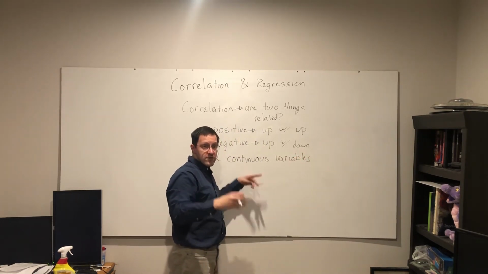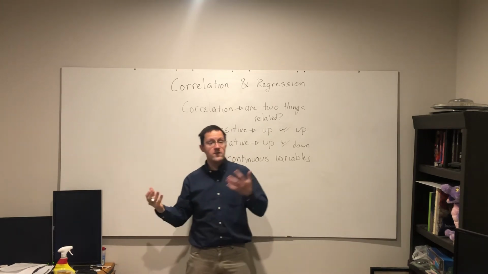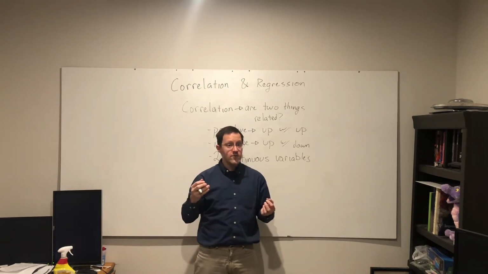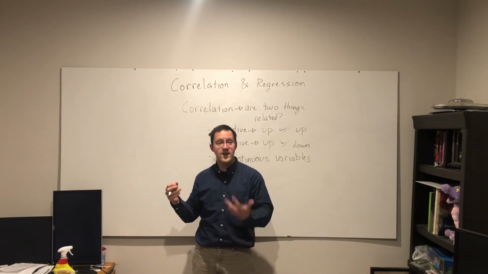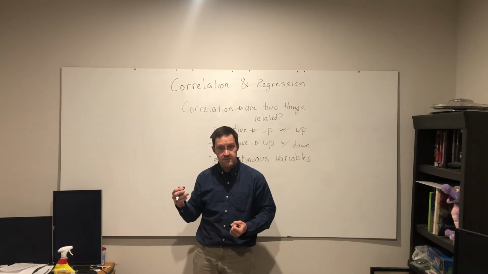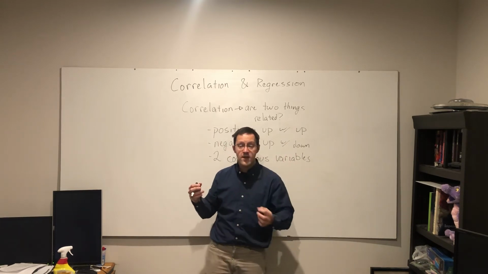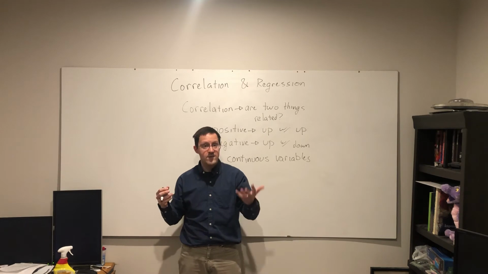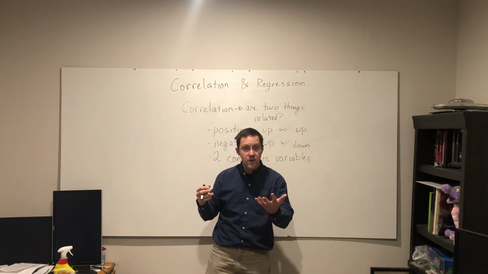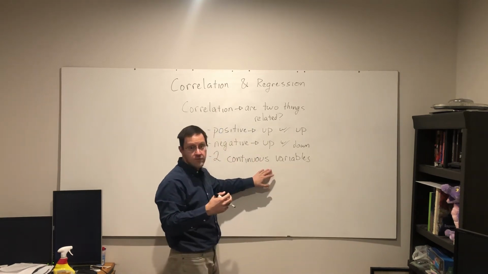So when you're deciding, okay, is this something I need to use ANOVA for, or something I need to use regression for? If one of your variables is a category, then that's ANOVA. Or if there's only two categories, then it's a t-test. But if both variables are continuous, would fall under the interval or ratio data type, we want regression.